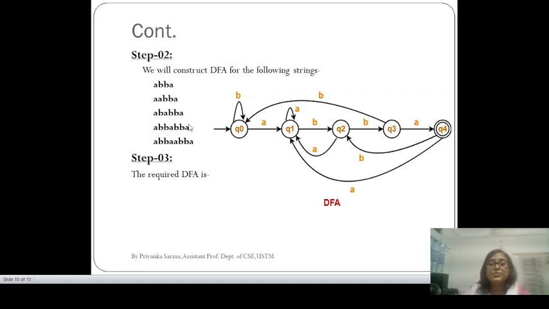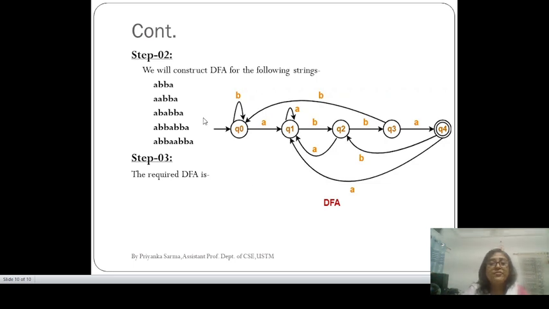The last symbol we need is A, and Q3 can accept A and move from Q3 to Q4. So Q4 is a final state. That means this machine can accept the ABBABBA string. So this machine is correct for all the testing strings, which means this is the required DFA for the given question.